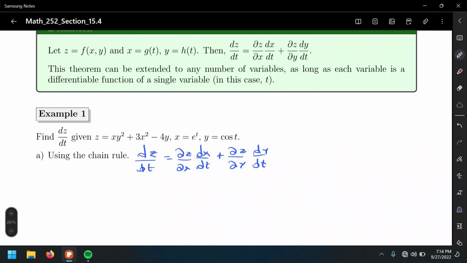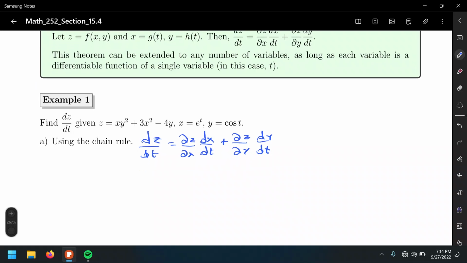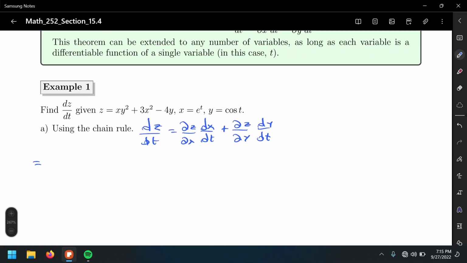So all we're going to do is find the partial of the function z with respect to x. What's the derivative of this first term with respect to x? y squared, because the derivative of x is 1, and y squared, which is multiplying, is just a constant multiple. Plus the derivative of the second term with respect to x, that's 6x.